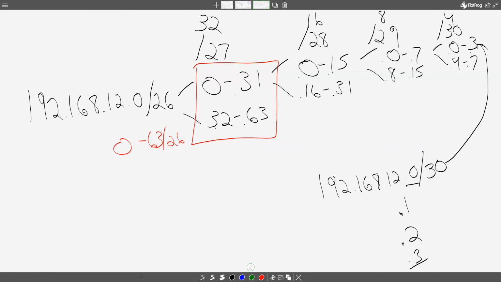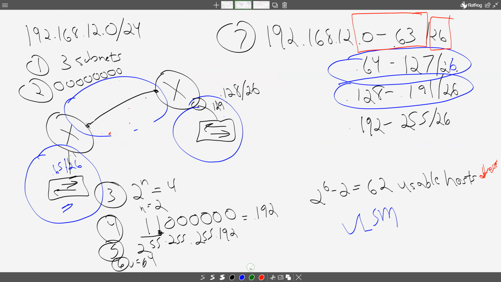We could then come back over to here, folks, and use that 192.168.12.0/30 network, and put .1/30 here and .2/30 here.